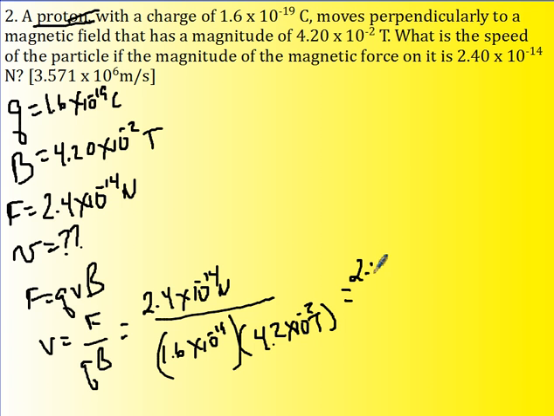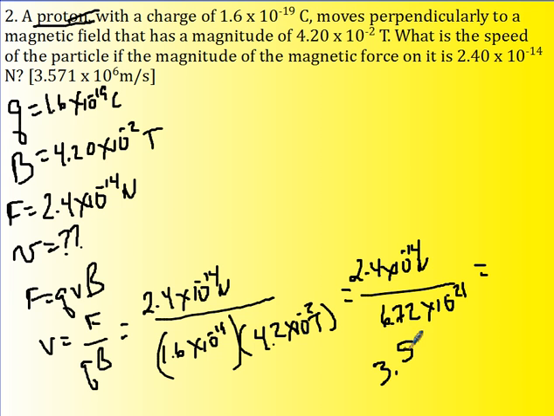So multiply 1.6 times 10 to the negative 19 times 4.2 times 10 to the negative 2, and you get 6.72 times 10 to the negative 21. When you divide 2.4 times 10 to the negative 14 by that, you get 3.5714 times 10 to the 6 meters per second.